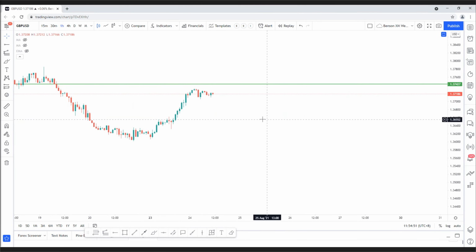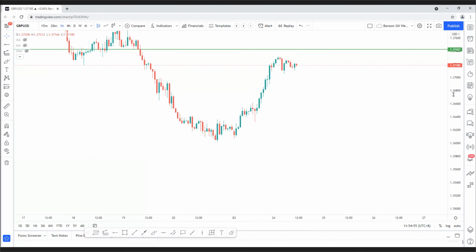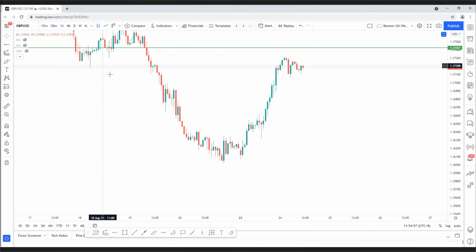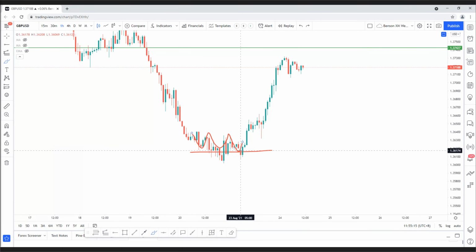The chart I'm looking at now is the pound dollar hourly chart. We see over here the pound dollar dropped all the way until this level, consolidated within this support before reversing, before bouncing over here.